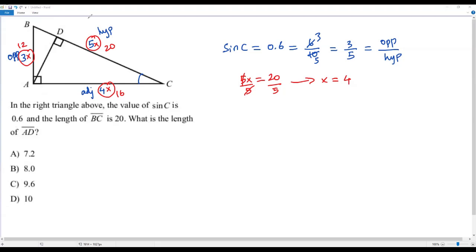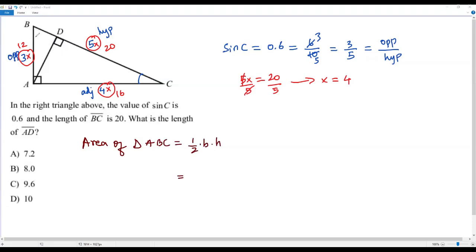Now I'm going to find the area of the right triangle ABC. The formula is area equals 1 over 2 times base times height.